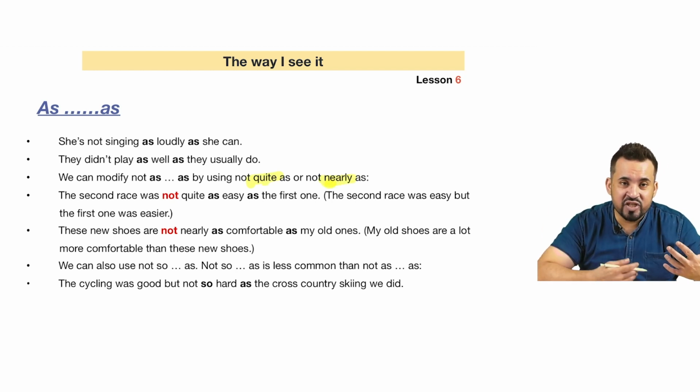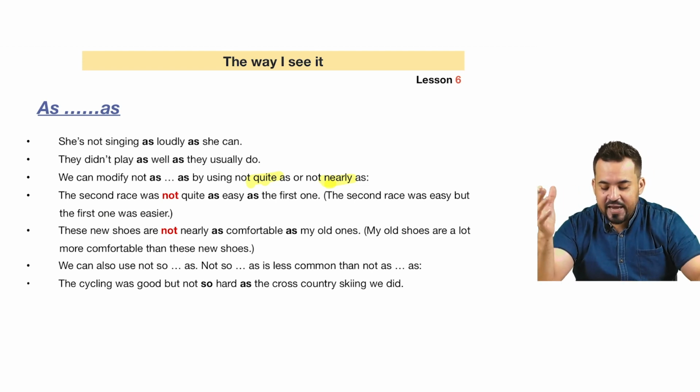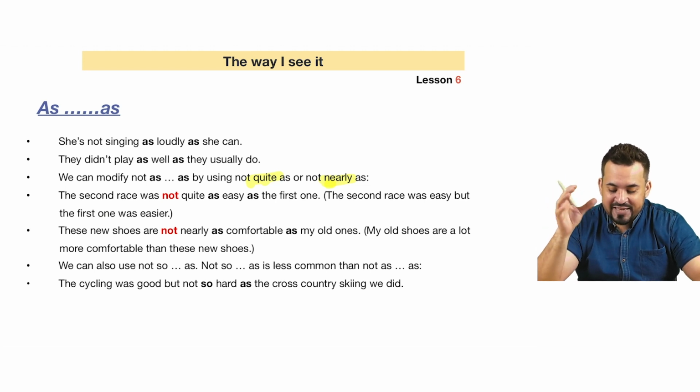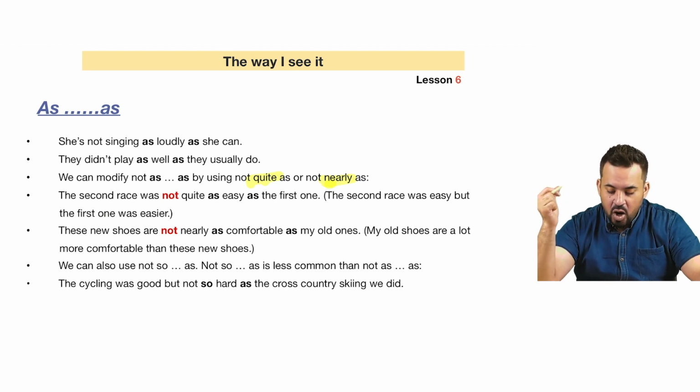This is just to modify the adverb. So we can say she's not singing as loudly as she can, or she's not singing quite as loudly as she can. They didn't play as well as they can, or not quite as well as they can.